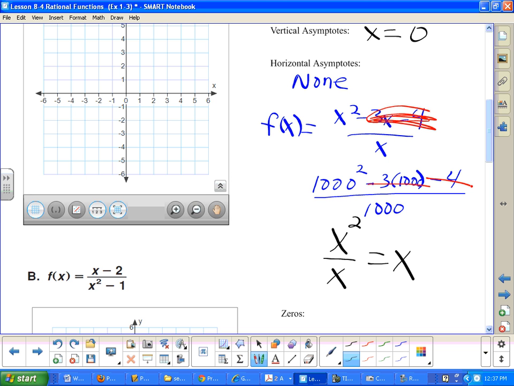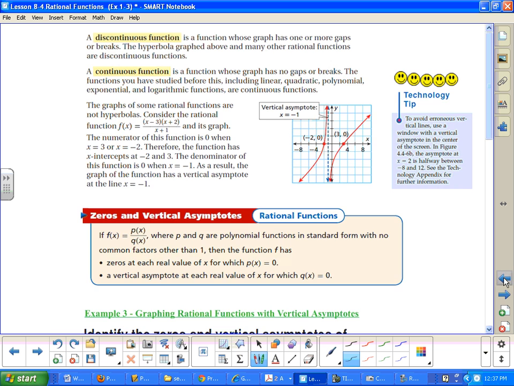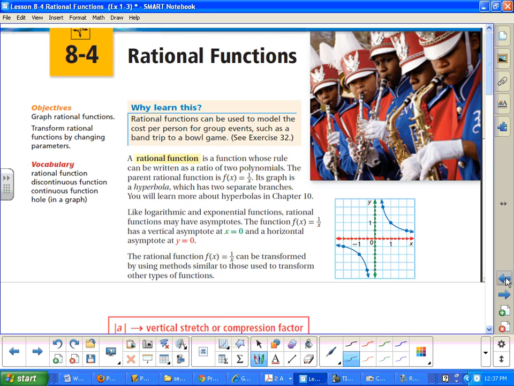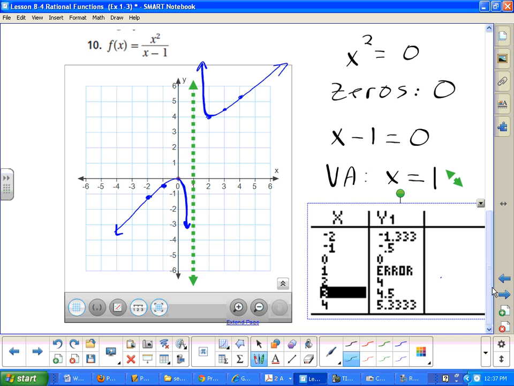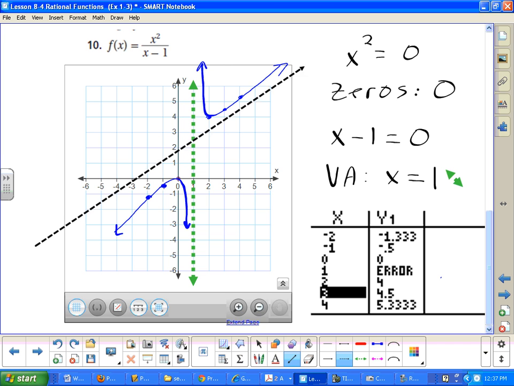Well, when we talk about horizontal asymptotes, like I was saying over here, reminding you that on this problem, this was a situation where the degree of the numerator is 1 larger, so that would have been the asymptote there. But is that horizontal?